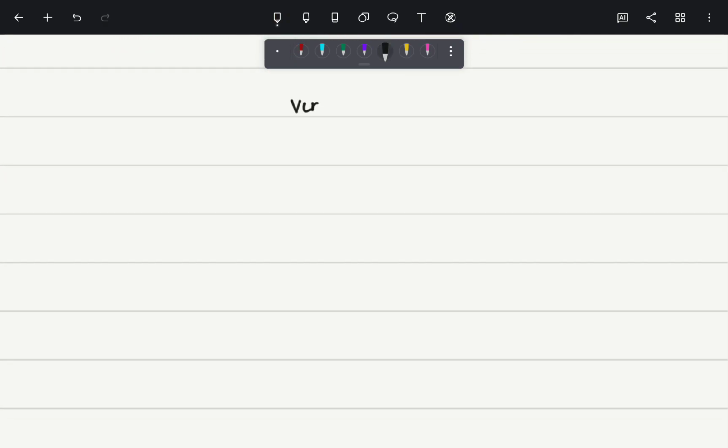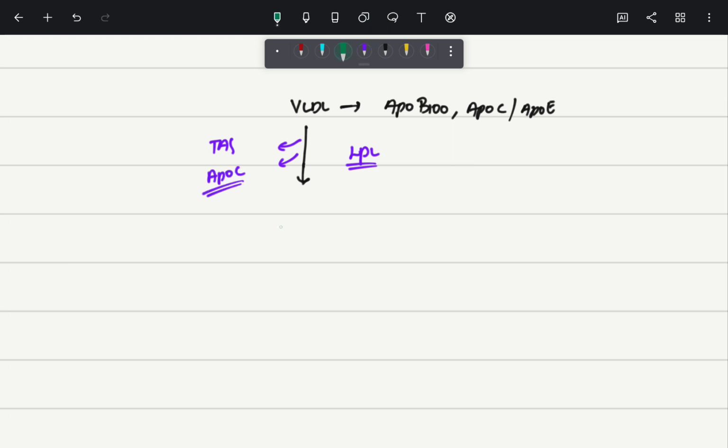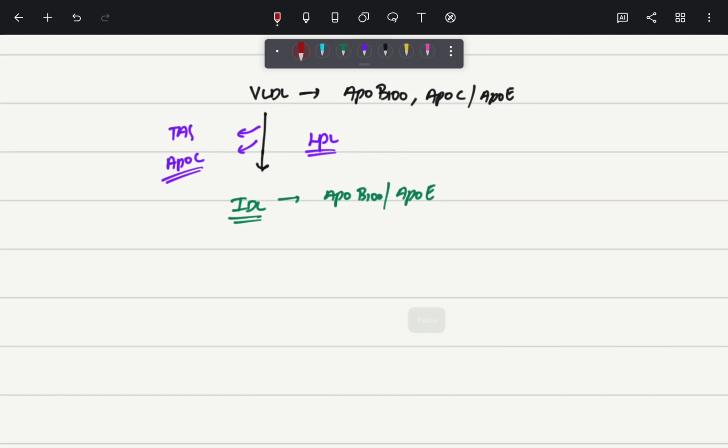So once again, very low density lipoprotein has apoprotein B100, apoprotein C, and apoprotein E. Eventually, the enzyme lipoprotein lipase will extract the triacylglycerols, and not only that, it will extract your apoprotein C. The newly formed compound is called your intermediate density lipoprotein, which has B100 and apoprotein E. So the liver can recognize these two apoproteins.